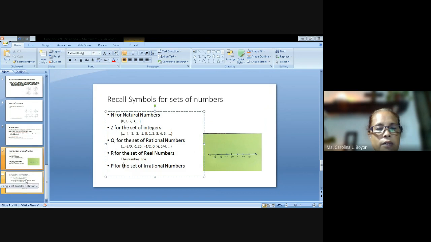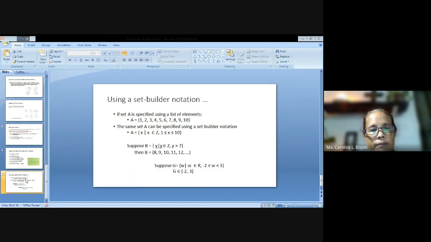So now, recalling all those conventional symbols for set builder notation, suppose we would like to specify set A using the list of elements as we gave in the previous example. The same set can be specified using set builder notation as A is the set of all x's such that x is an element of the set of integers such that x is between 1 and 10.